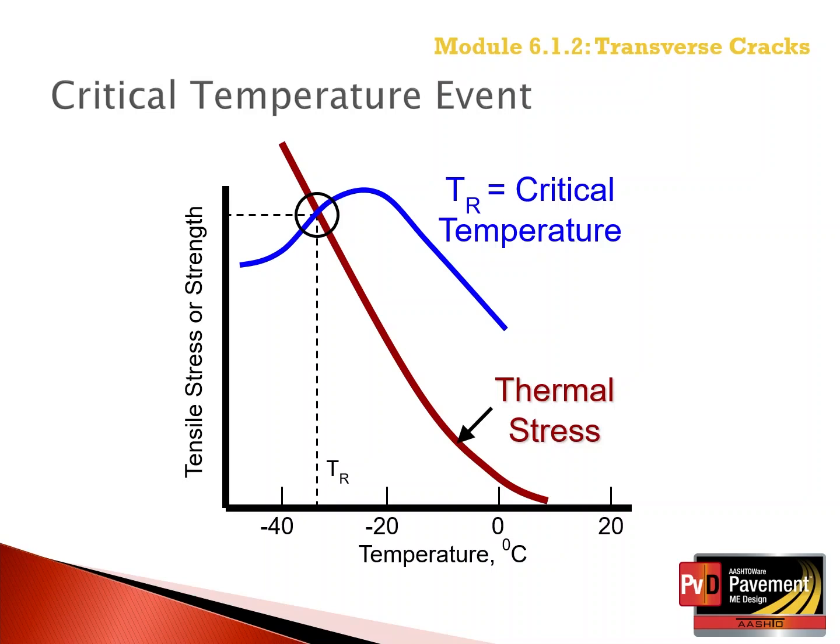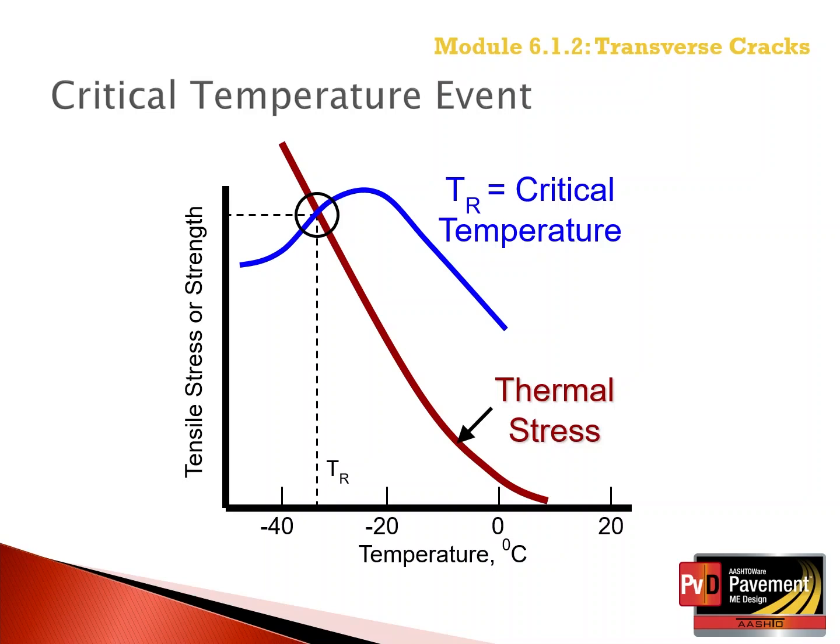The temperature at which this occurs is mix and binder dependent. The maximum tensile strength of the asphalt wearing surface in the Pavement ME design software is defined at 14 degrees Fahrenheit, which remains constant at colder temperatures. This is a simplification of the mechanism included in the Pavement ME design software.